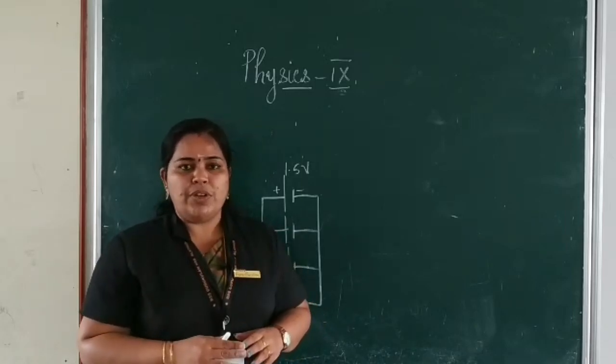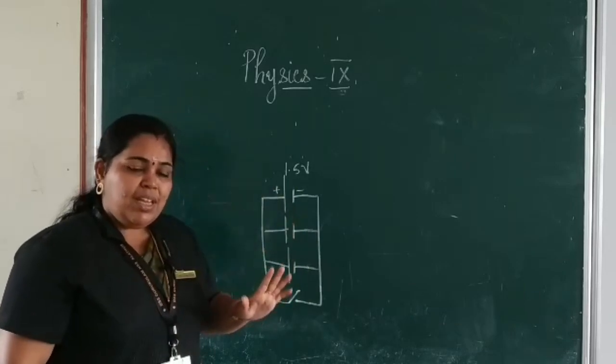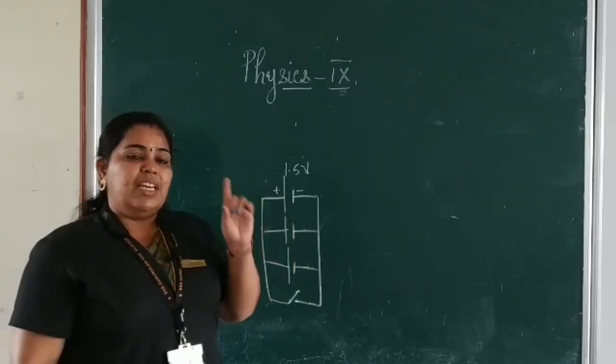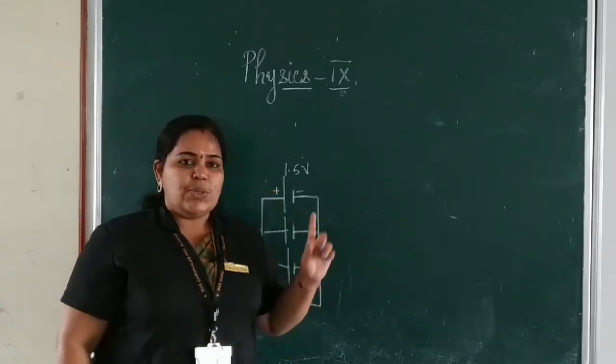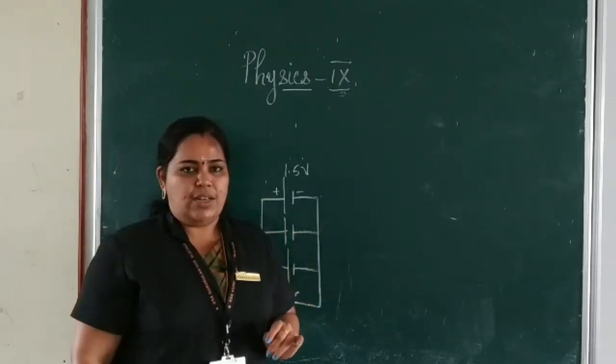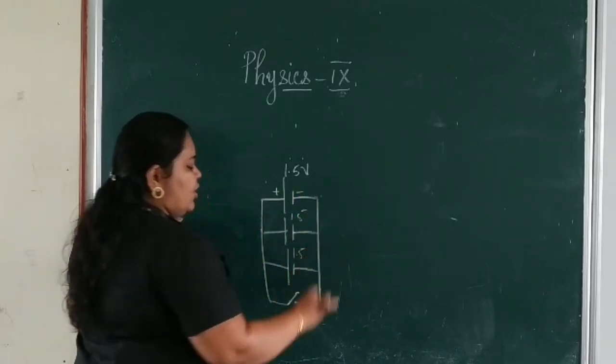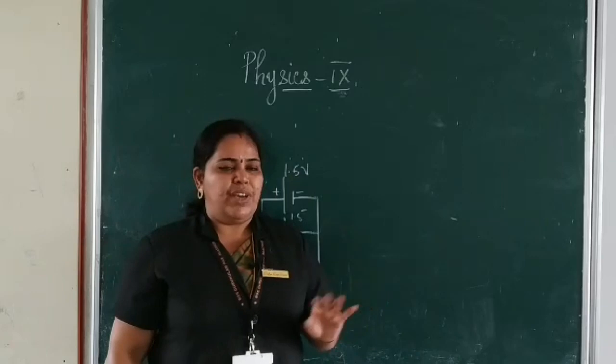So it was 4.5, whereas in this case, if all the EMF are same, the total EMF will be the EMF of one of the cell. So here the total EMF will be 1.5 volt itself. Okay, because all are 1.5, the total EMF will be 1.5 itself.